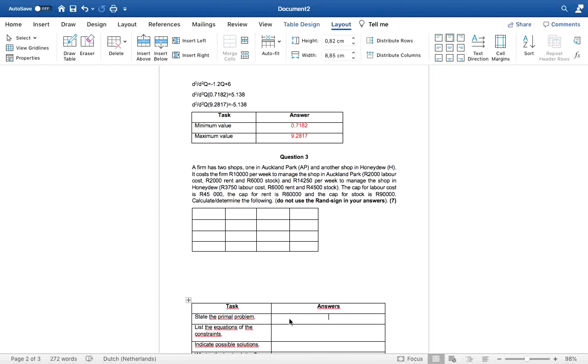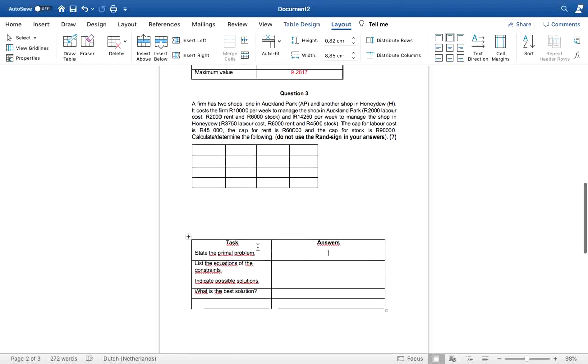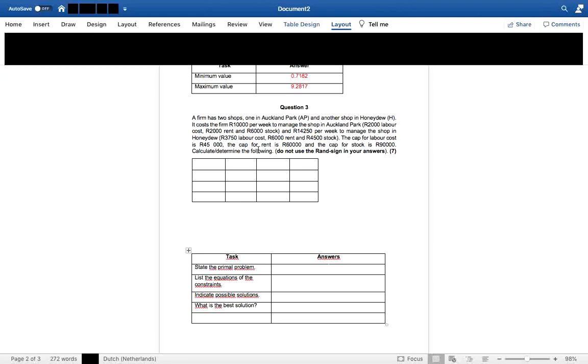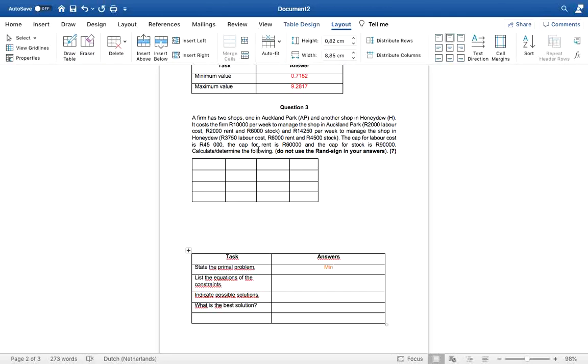Calculate or determine the following. Do not use the rand sign in your answer. So, okay, how can you go about this? Alright, first question is state the primal problem. So here, you're trying to minimize cost. And how much does it cost you to run Auckland Park?